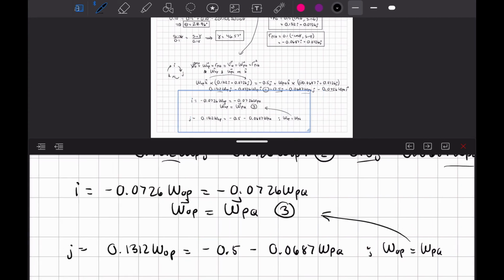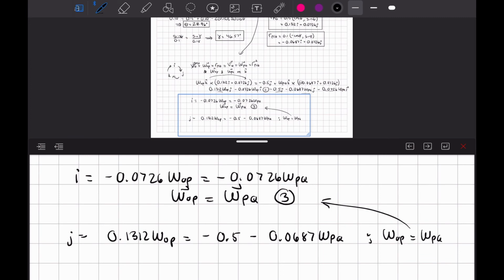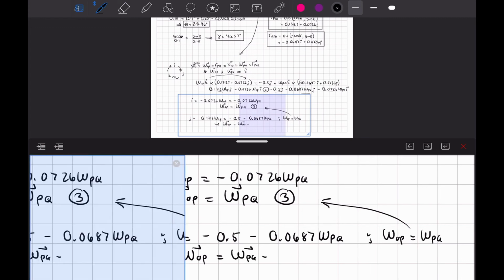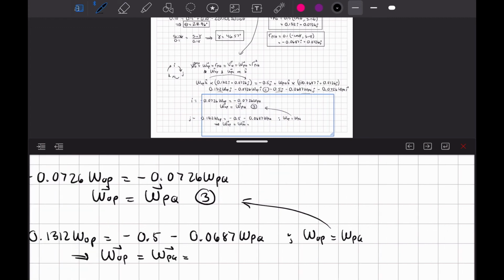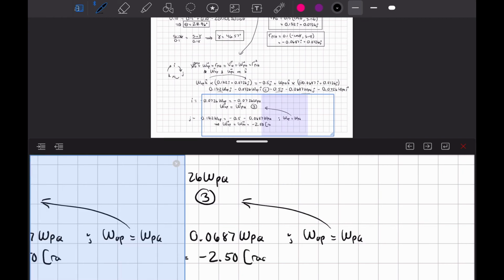Okay, so all we're going to do is we're going to add that term over and then divide through by its scalar. And this will give us that omega OP is equal to omega PQ is going to be equal to negative 2.50 radians per second.